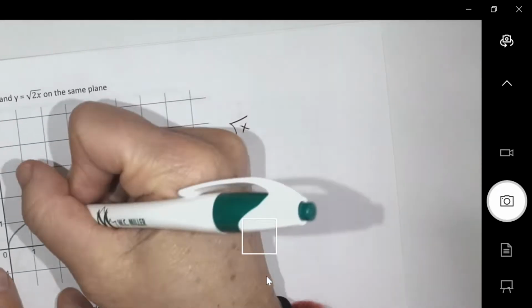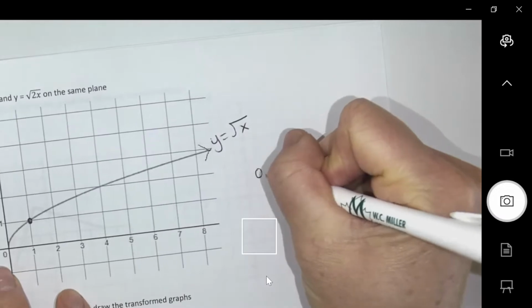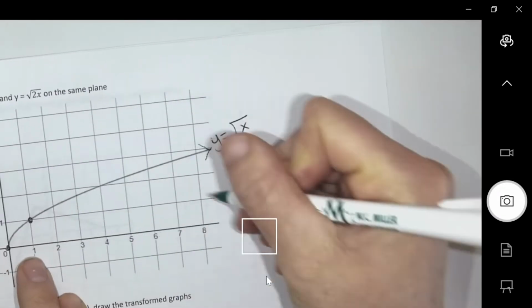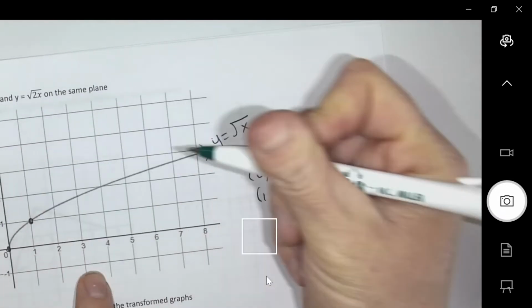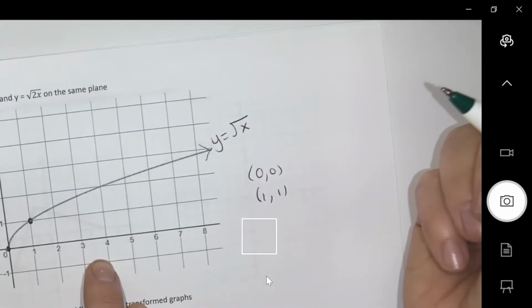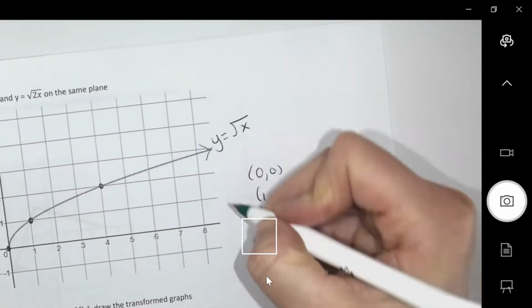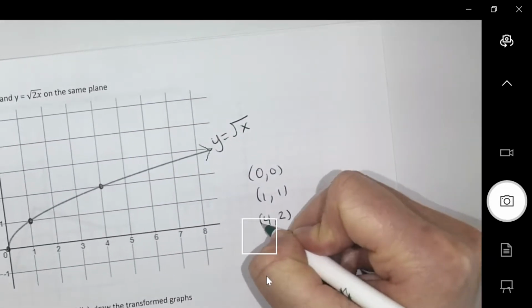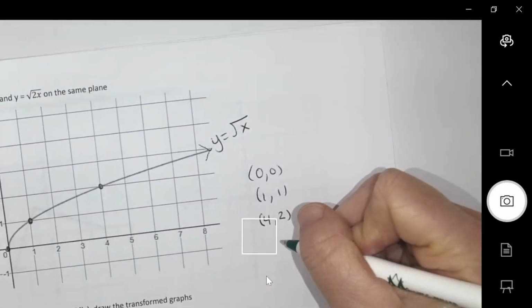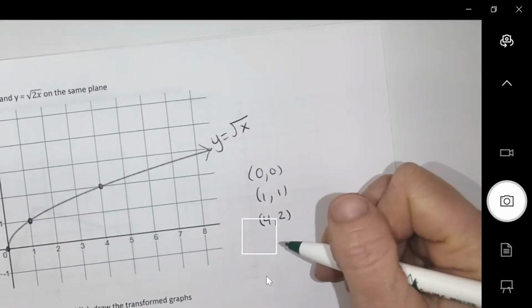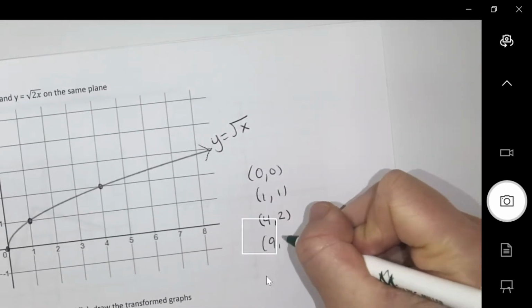Okay, so let's take some coordinates. So 0, 0 is a coordinate. 1, 1 is a coordinate. Where do you see a next coordinate? 4, 2. Does anybody want to predict the next coordinate? 9, 3.